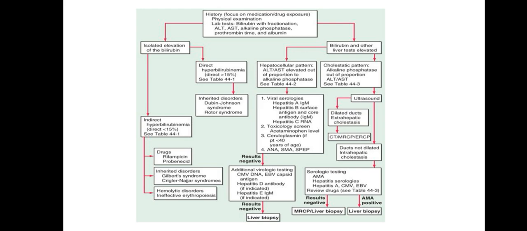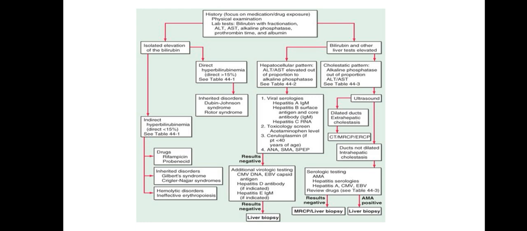Bilirubin and other liver tests elevated, we can have hepatocellular pattern, where the ALT and AST are elevated out of proportion to ALP. Here we can do viral markers, toxicology, and also ceruloplasmin for Wilson's and autoantibody screening. And in cholestatic pattern, we have ALP elevated out of proportion to ALT.